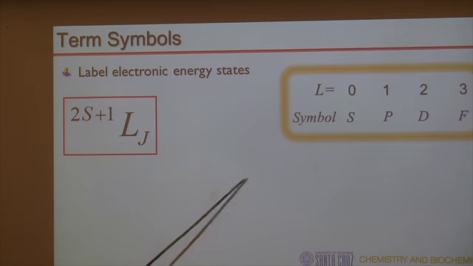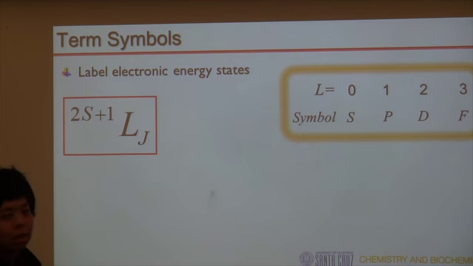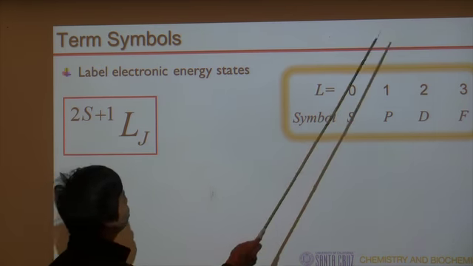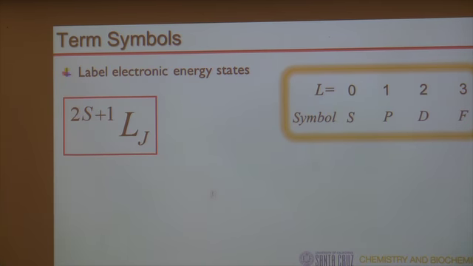For L, we have different symbols, the same as the orbital notation we used. But here it's not the small letter, it's the capital letter. So capital L equals 0, 1, 2, 3, and we have the symbols S, P, D, F, all capital letters. You may be wondering why we use capital letters, and not small letters, especially for those quantum numbers.